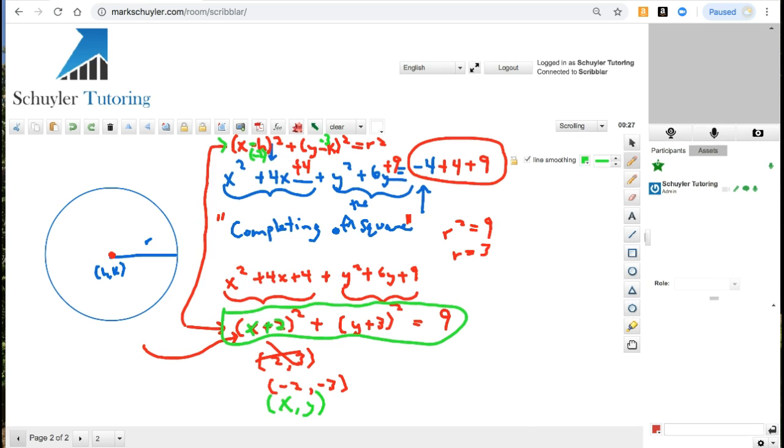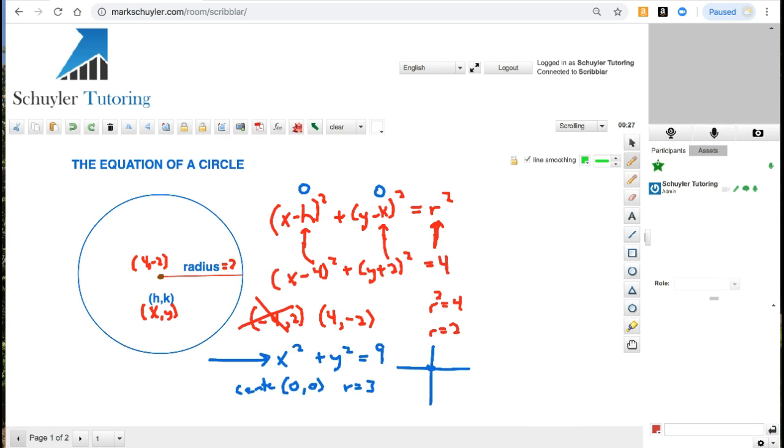Notice on a simpler problem, let me go back, all you need to know is how to deal with the radius and the sign changes of the h and the k, because they just provide numbers in those 3 important spots.